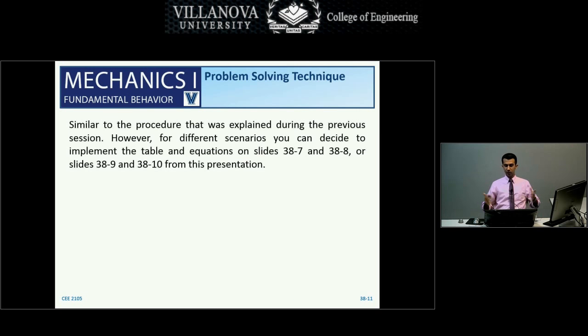And what's the problem-solving technique? It's very similar to what we did in the previous lecture. We had those 9 steps for problem solving. It's pretty similar to that, with the difference that this time you will start with seeing the bigger picture by deciding first whether you need centroid, center of mass, or center of gravity, and then deciding whether you're dealing with a line composite, area composite, or volume composite.